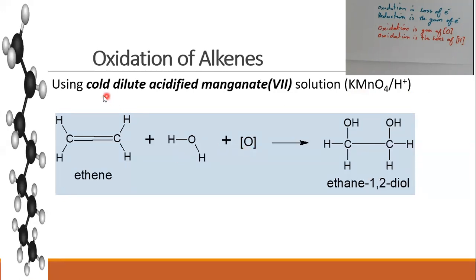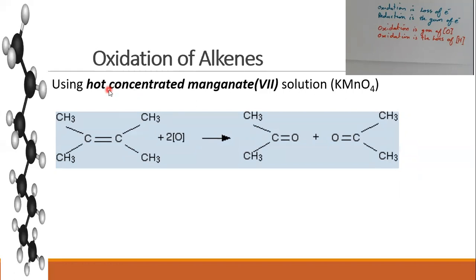So what happens? When it's cold dilute, my double bond breaks and I add a hydroxide to each carbon. And we refer to this as a diol that forms. A diol is an alcohol with two alcohol groups, right? So whenever it's cold dilute acidified permanganate, a diol forms. Easy.